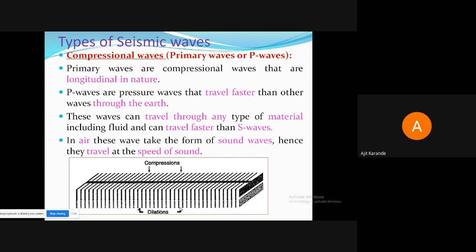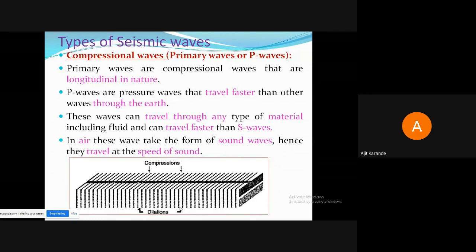Now, in air, these waves take the form of sound waves, hence they travel at the speed of sound. So as far as the air medium is concerned, the speed of these waves is also more compared to S waves and other waves. Now, as per the properties of compressional waves, the nature of these waves is longitudinal because they move in the longitudinal direction.